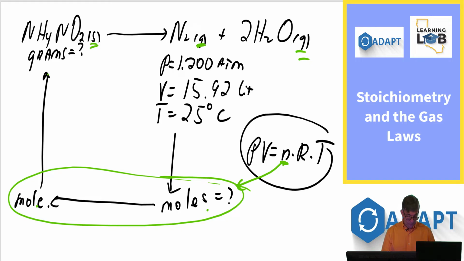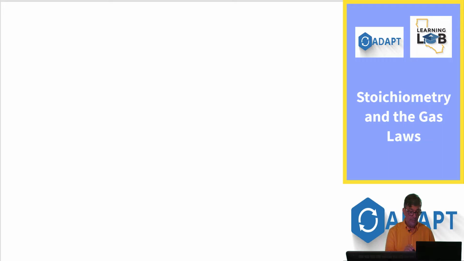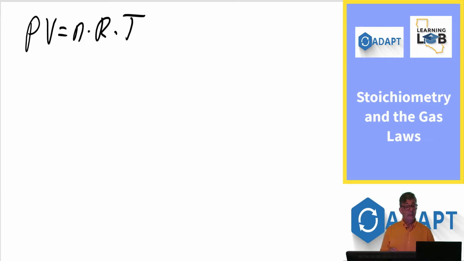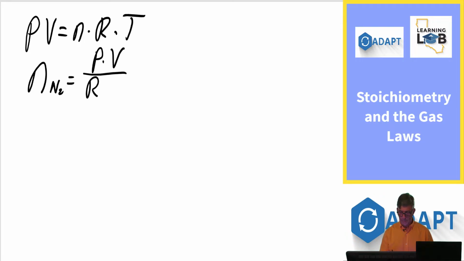Let's do part A, the identification of the moles of nitrogen. So we have PV equals nRT, and in our case we want to solve for the moles of N2. So the moles of N2 equals PV divided by RT, and we're going to plug in our values.